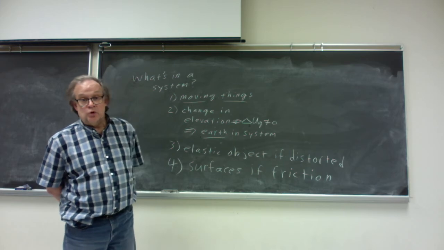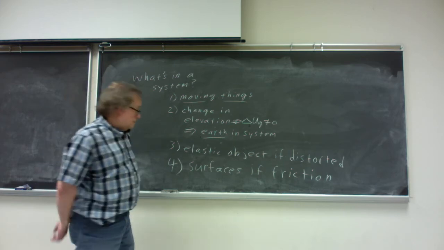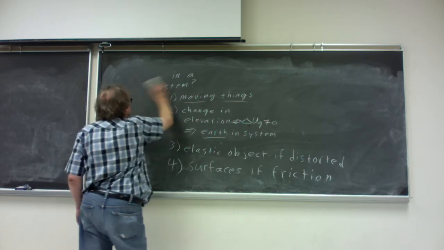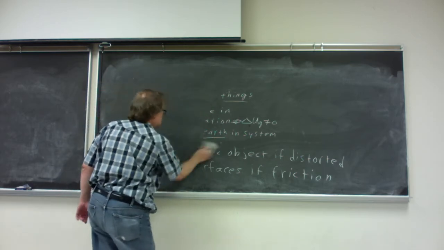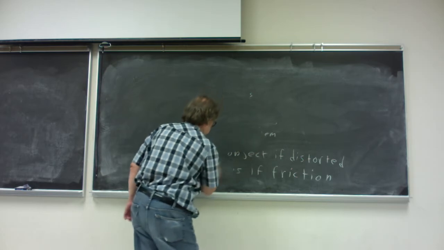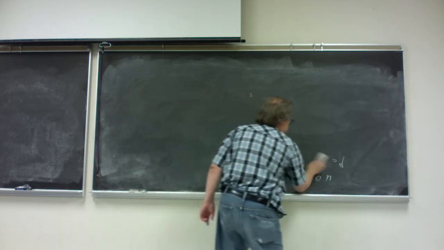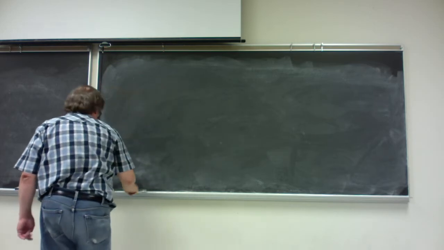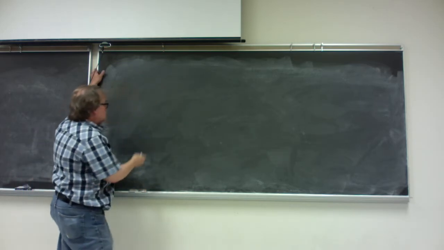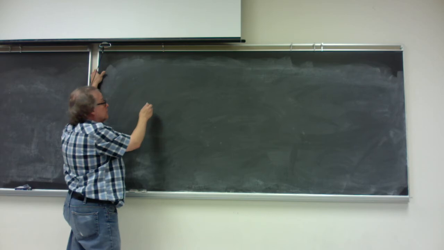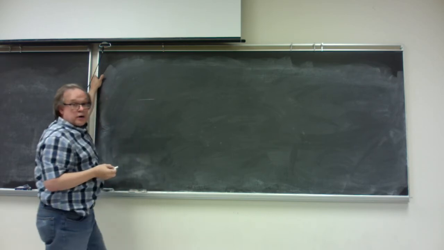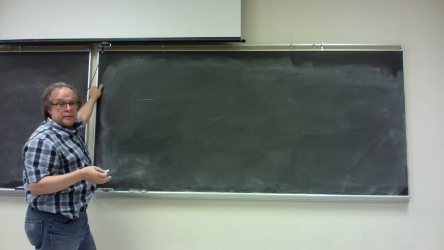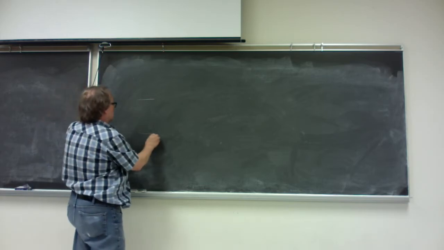Let's see how this works in a specific example. So let's say you've got a firefighter here on the second floor of the firehouse, an old-fashioned firehouse where you've got the pole that they slide down to get to the ground floor.